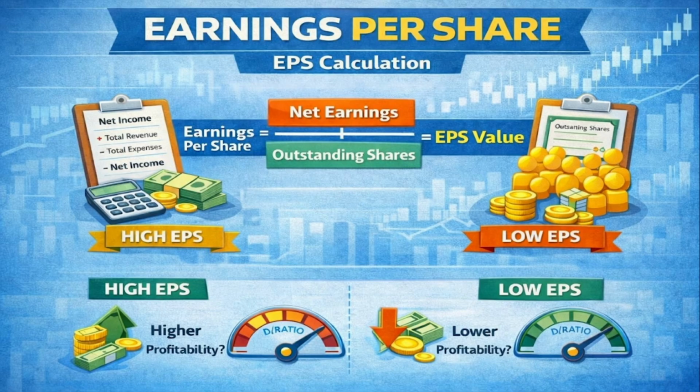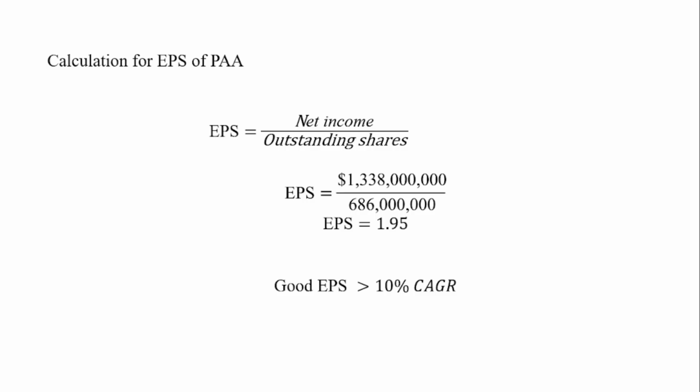No earnings, no valuation. Let's take a quick example from PAA actual values: net income divided by outstanding shares. The net income was 1.338 billion divided by 0.0686 billion shares. Earnings per share is $1.95. A good earnings per share growth is greater than 10% compound annual growth.